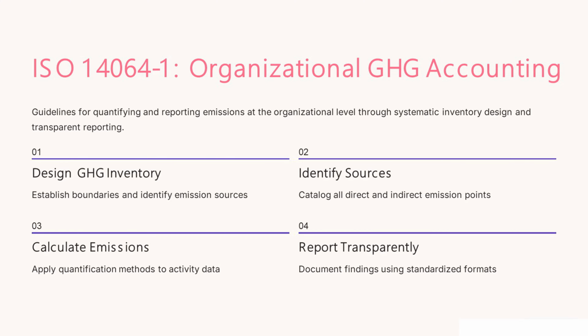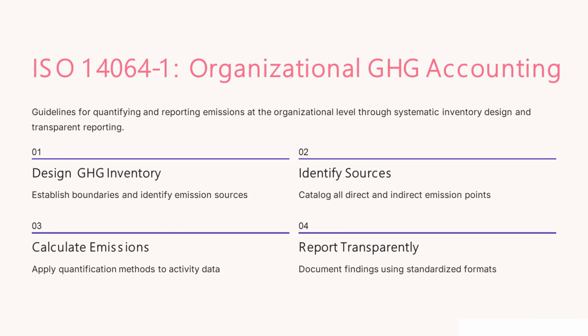ISO 14064-1, Organizational GHG Accounting. ISO 14064-1 focuses on quantifying and reporting greenhouse gas emissions at the organizational level. This means measuring emissions generated by the operations of a company or institution.